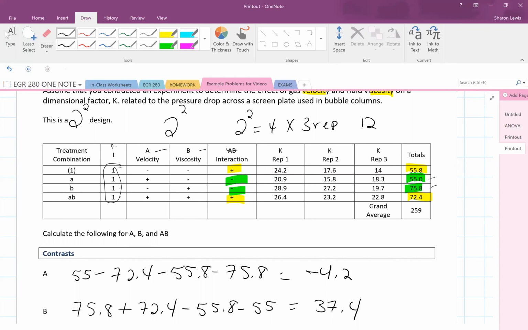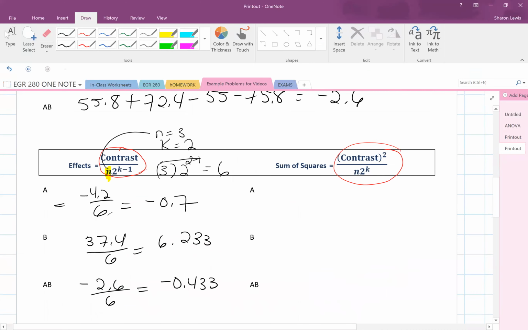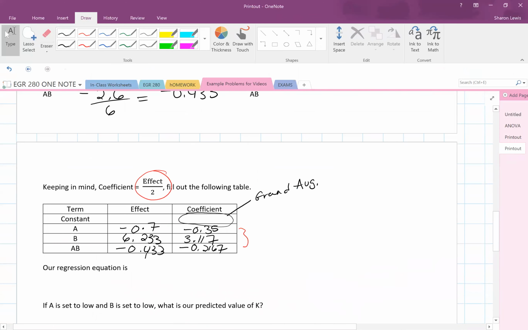So essentially, take this, and this should say grand total. That's not an average, that's the grand total, isn't it? 259. So our coefficient is going to be 259 divided by 12. I actually have to look up what that is quickly.